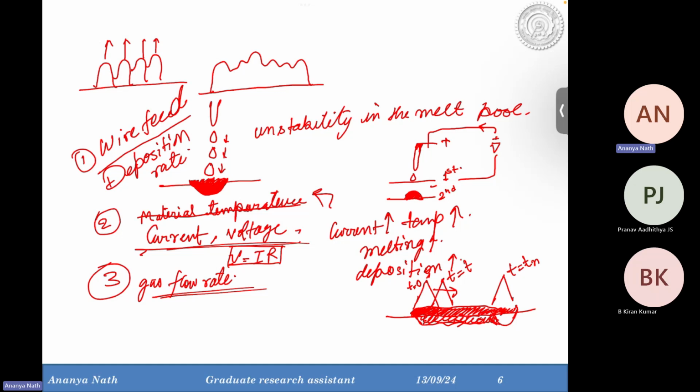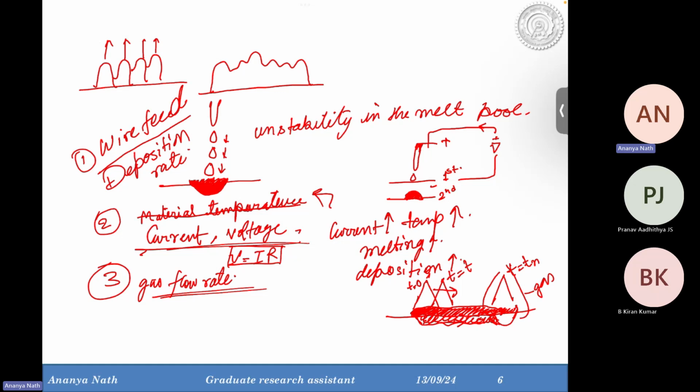So in metal additive manufacturing techniques, because metal uses a very high power, a very high energy density heat source, we use a gas which will be present like this. This is a gas which will cover the melt pool, which will cover the deposition process.